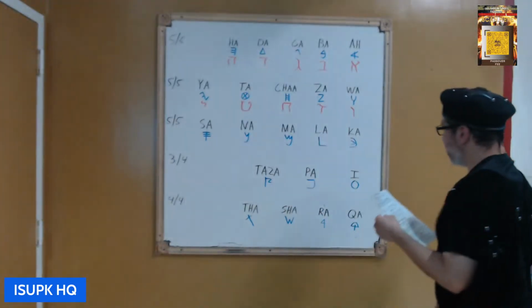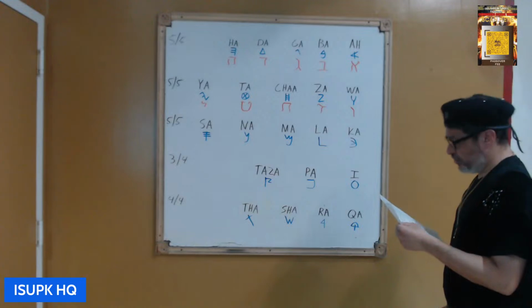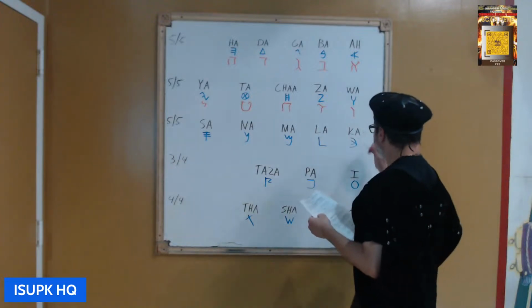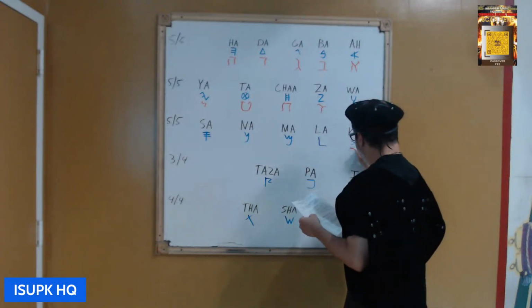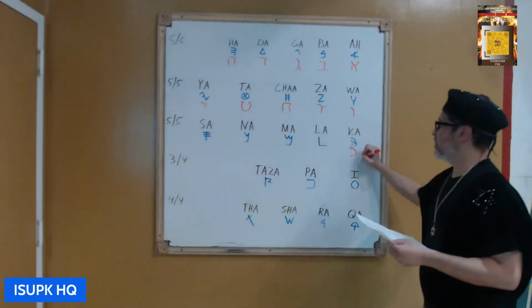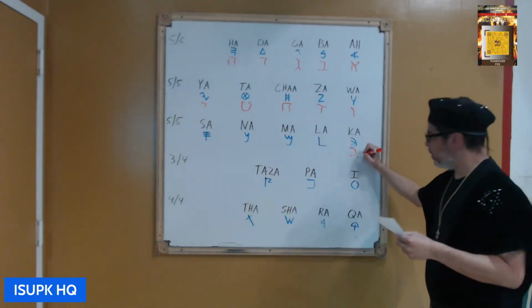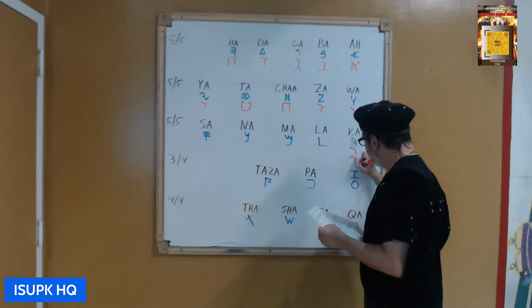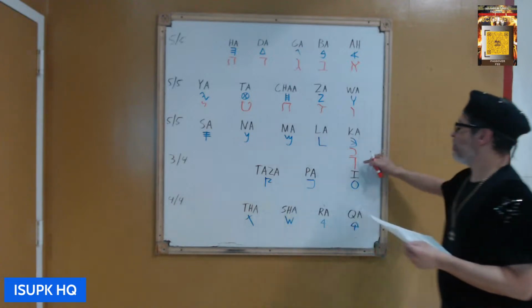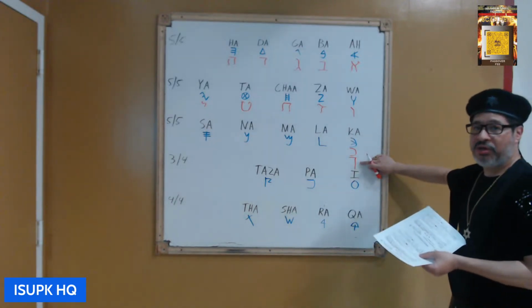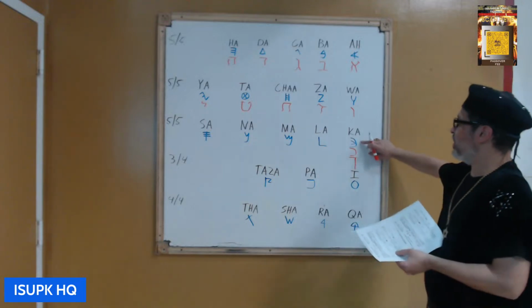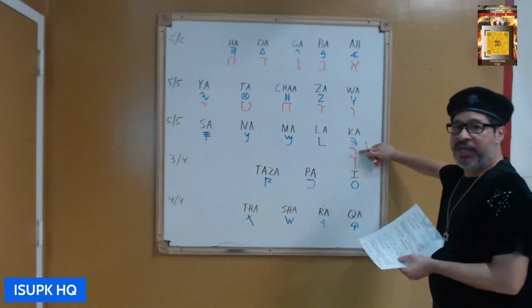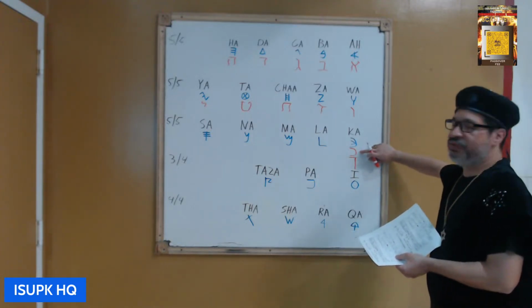Now when we have the ka, there's actually two versions of this. First version just looks like the C, okay? But then there's a secondary character, and this appears at the end of the word. If you see the ka throughout a word, the beginning, middle, anywhere else, you use this version.